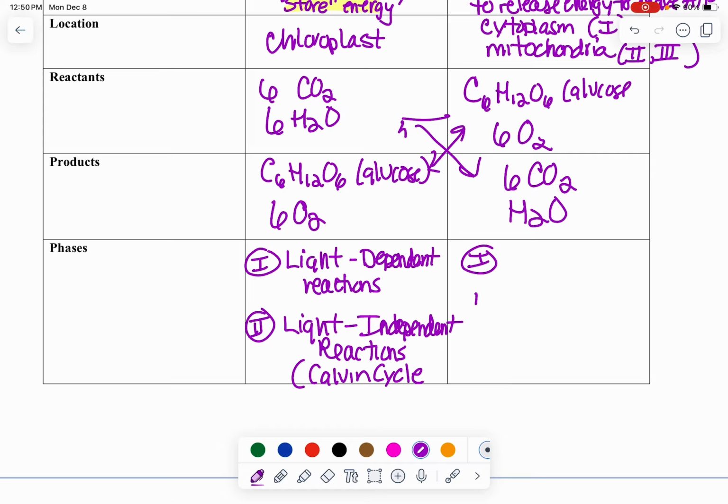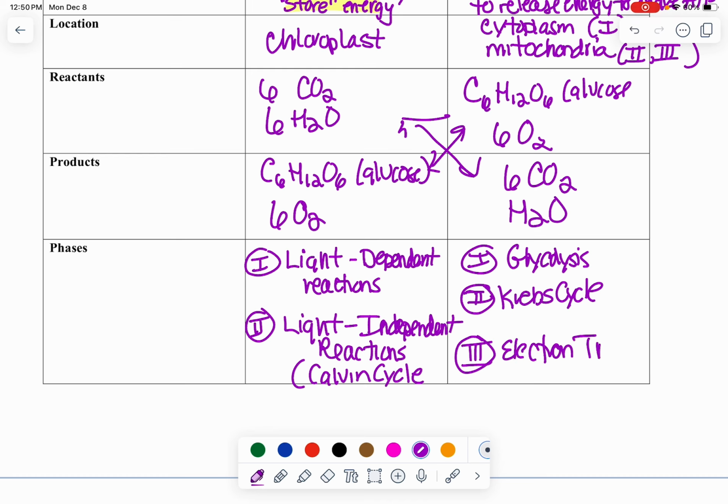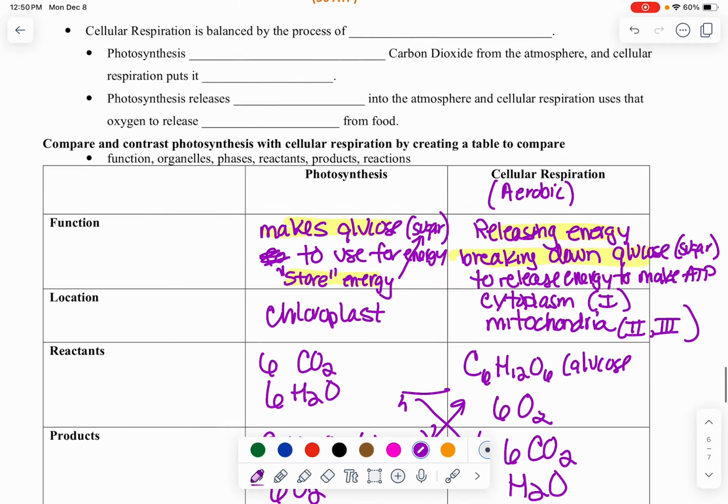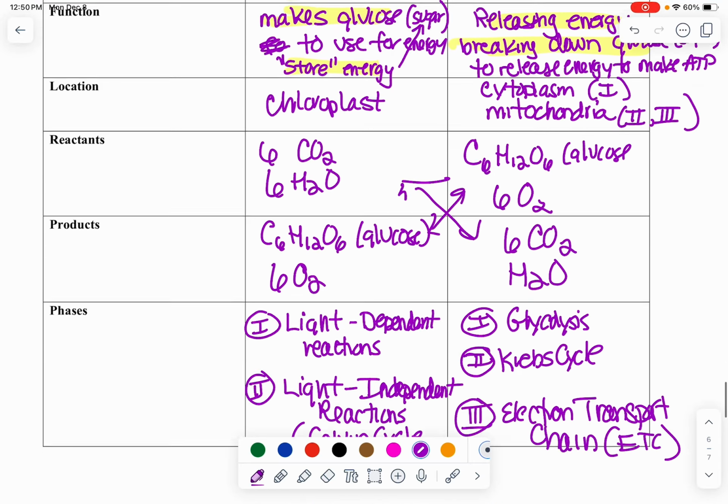There were 3 phases in respiration: glycolysis, Krebs cycle, don't get that confused with the Calvin cycle, and electron transport chain, which we abbreviate ETC. So that gives you an overview of the two, aerobic respiration versus photosynthesis. Okay, that's it.